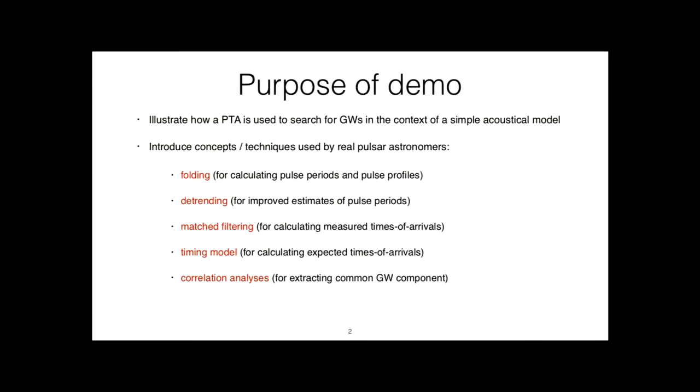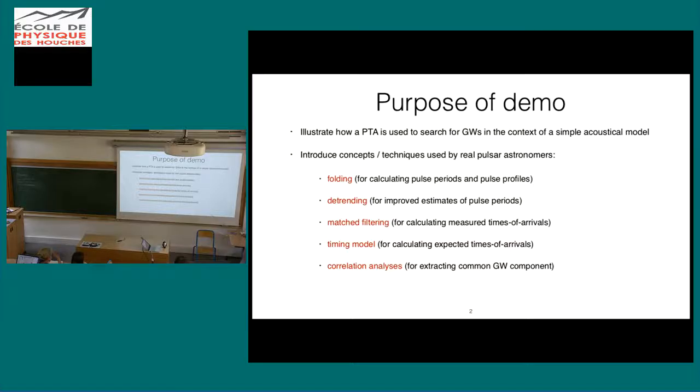These concepts include some of the things that Neil talked about yesterday and some things that he also talked about today. So the first technique or concept is this idea of folding. When you have periodic data, you can fold the data to determine the period of the pulses, and you can also use the folding to calculate pulse profiles, which are then used to determine measured time of arrivals.